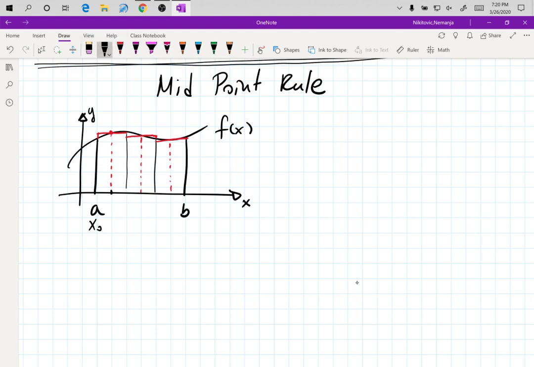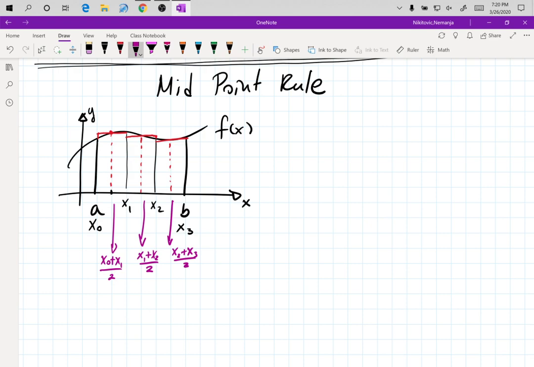So now, if this is my x0 and this is my x1 and x2, and in this case x3, but it can go as high as you want, we have these important points. And those points are the averages of values, right?